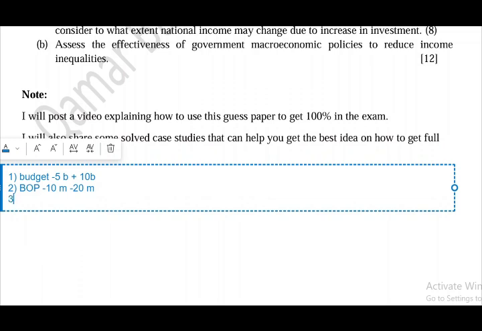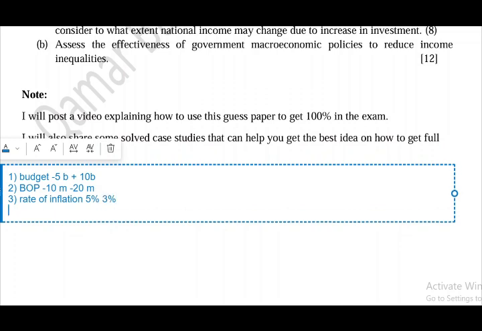And he may ask you to interpret inflation values. Rate of inflation may sometimes be decreasing, and students think that price level is decreasing, but if the rate of inflation was initially, let's say, 5%, and now it decreased to 3%, students think that prices have decreased.